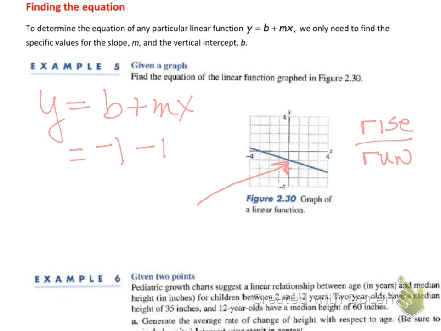I go down 1, and then I go over 1, 2, 3 to get back on the graph. So that's 1/3 x. My equation is y equals -1, that's your y-intercept, minus 1/3 x.